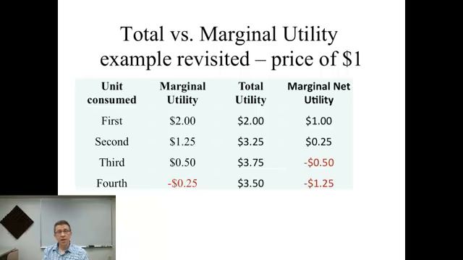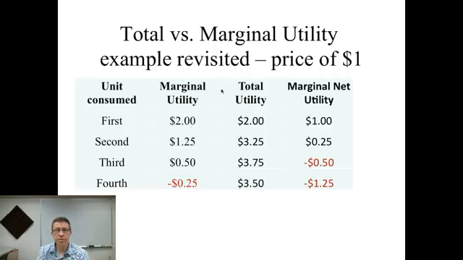So to figure out what you will purchase, there's 2 ways to do it. You could plot out the marginal net utility like we've done here. You stop before it gets negative, right? You do not ever purchase a product when the marginal net utility is negative. So you'd buy 2 units. The other way you could do it is just take the price of $1 and compare it to the marginal utility.